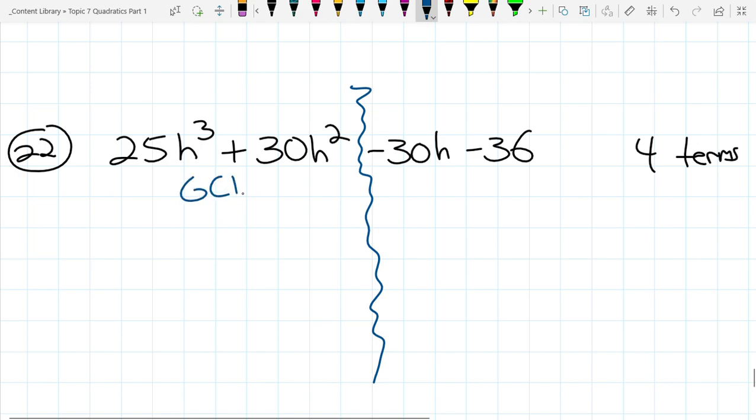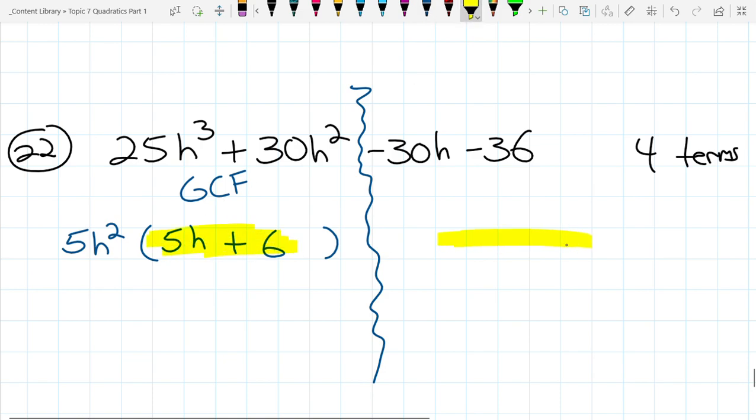And now we take the GCF of the first 2 terms, which would be 5 and h squared. The insides would then be 5h plus 6. Factor by grouping, whatever you get in the first parentheses, you have to use in your second parentheses. So we get a 5h plus 6.